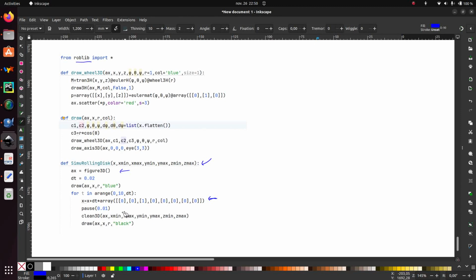So for this I will call the function draw given here, and this function draws the axis but also draws the wheel in 3D. So for this we have some change of frame, and I will call a procedure given in roblib just to draw in 3D the wheel, the shape of the wheel given here.